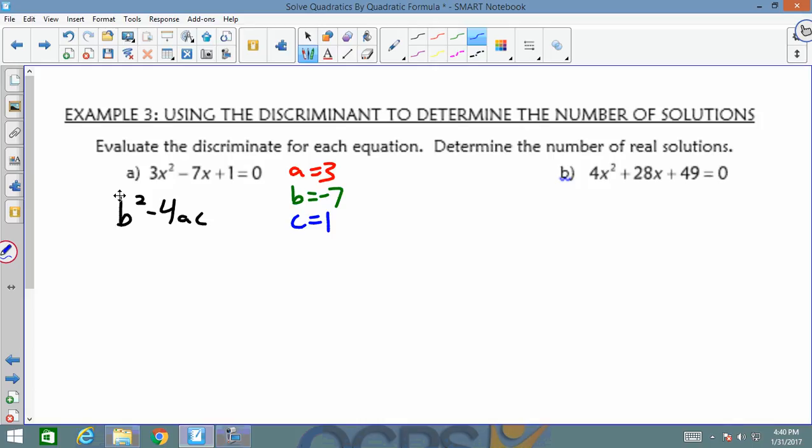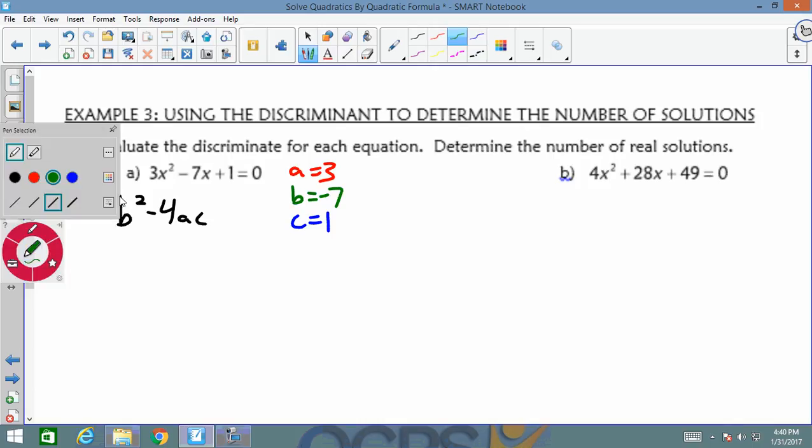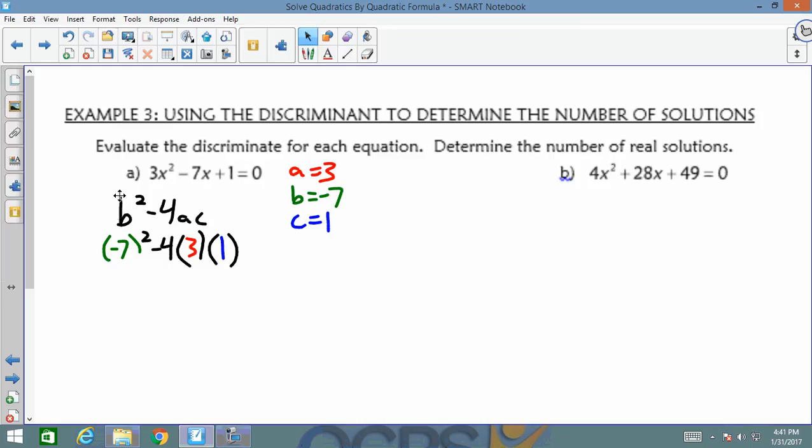So it's b squared, so it's negative 7 squared minus 4 times a, which is 3, times c, which is 1. Okay? So negative 7 squared is 49.